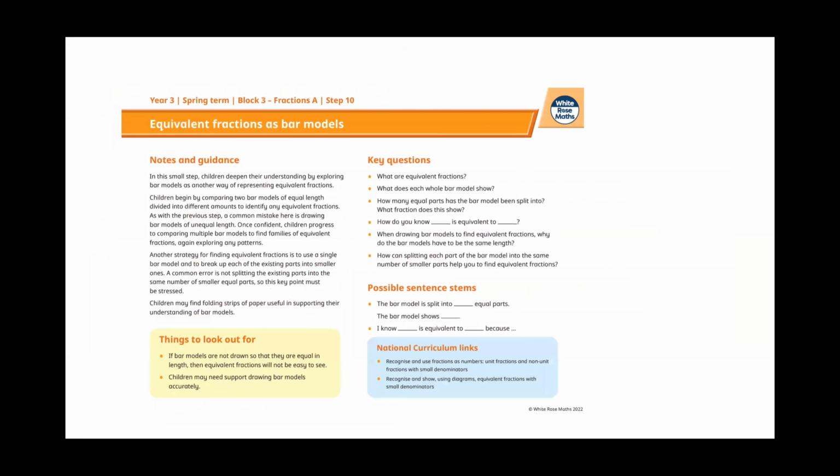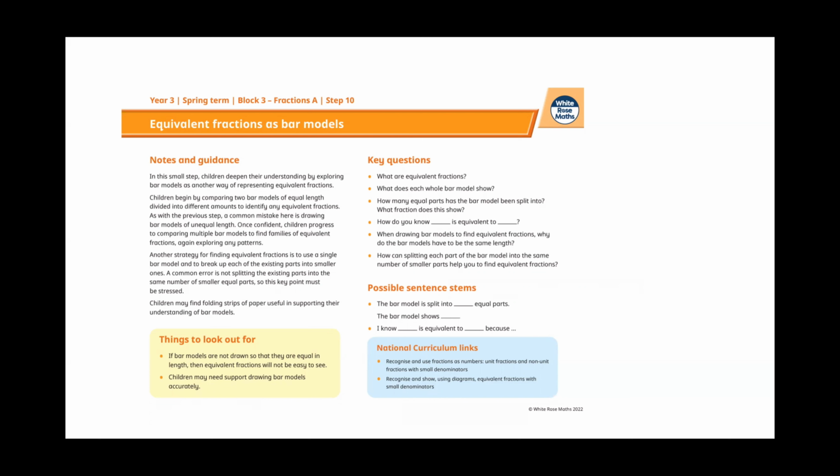In White Rose, the STEM sentences are not provided as slides, so this is something you need to add in yourself during planning. In the notes and guidance section, for each small step, there are some suggested possible STEM sentences. You can take these and put them into your slides, along with the key vocabulary, and think about how you would use them to support pupils' mathematical thinking.